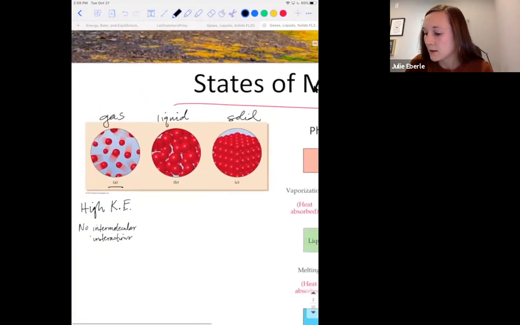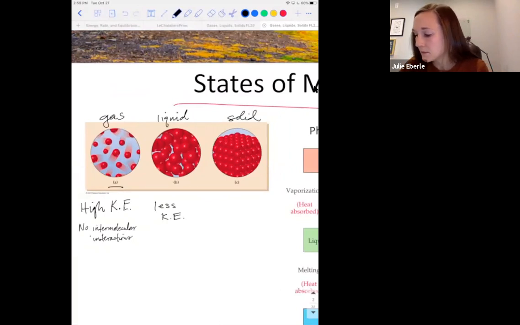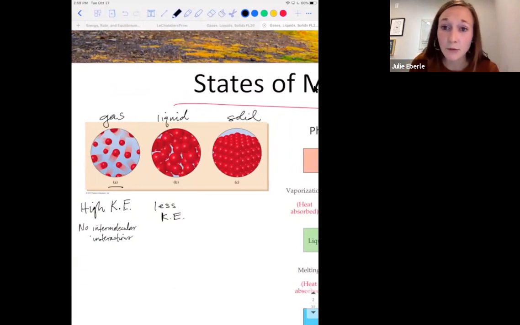All right. So these have less kinetic energy. They still have some though, they're still moving. So they have some kinetic energy. What would you say about the interactions between these particles? You think they have some interactions, no interactions, lots of interactions?